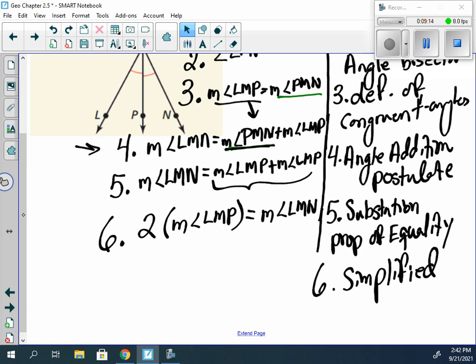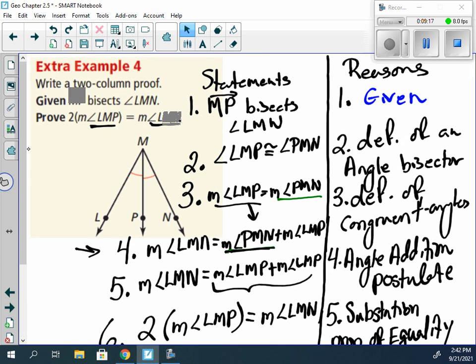So we really started off with what was given. MP bisects angle LMN. Well, if it bisects the angle, it cuts it into 2 congruent angles. So we listed that because of the definition of an angle bisector. Well, since they're congruent, it means their measures are equal. But we couldn't take that any further after being equal.